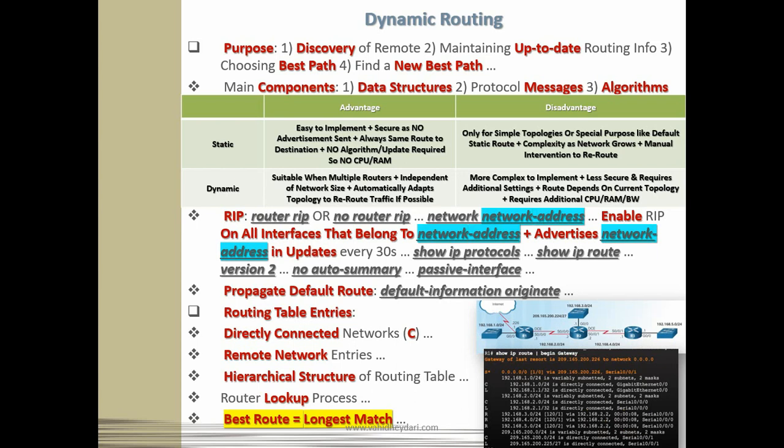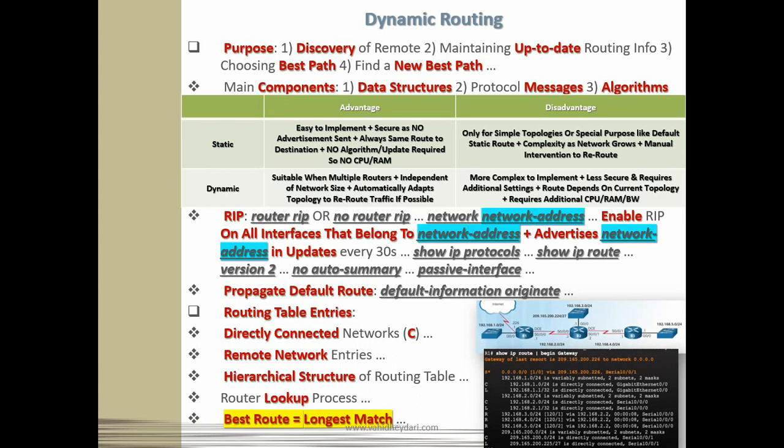Some specific terms for routing table you should be aware of. The routing table is a hierarchical structure. And the reason for having this in hierarchy is that we want to speed up the lookup process when we want to locate routes and forward packets.